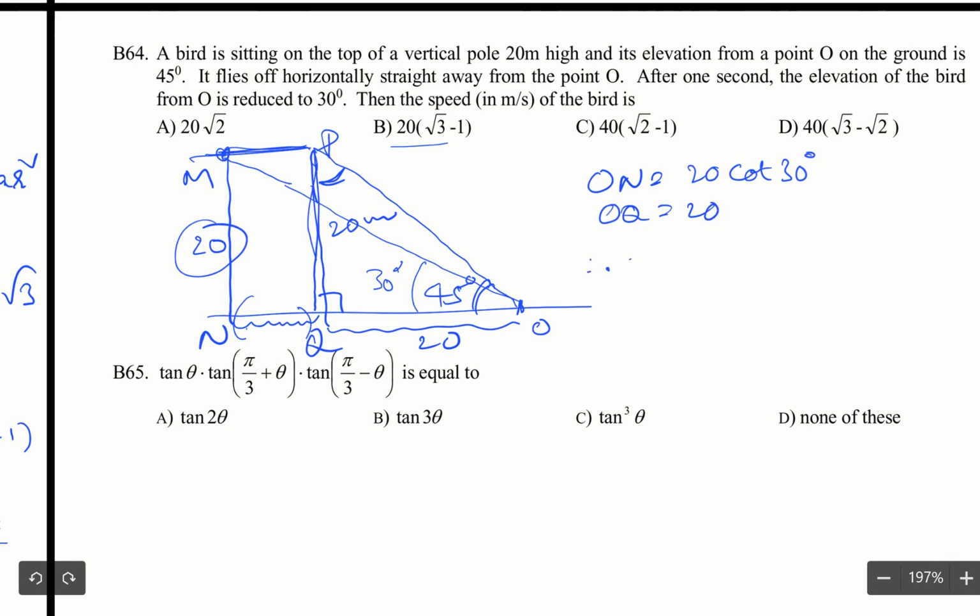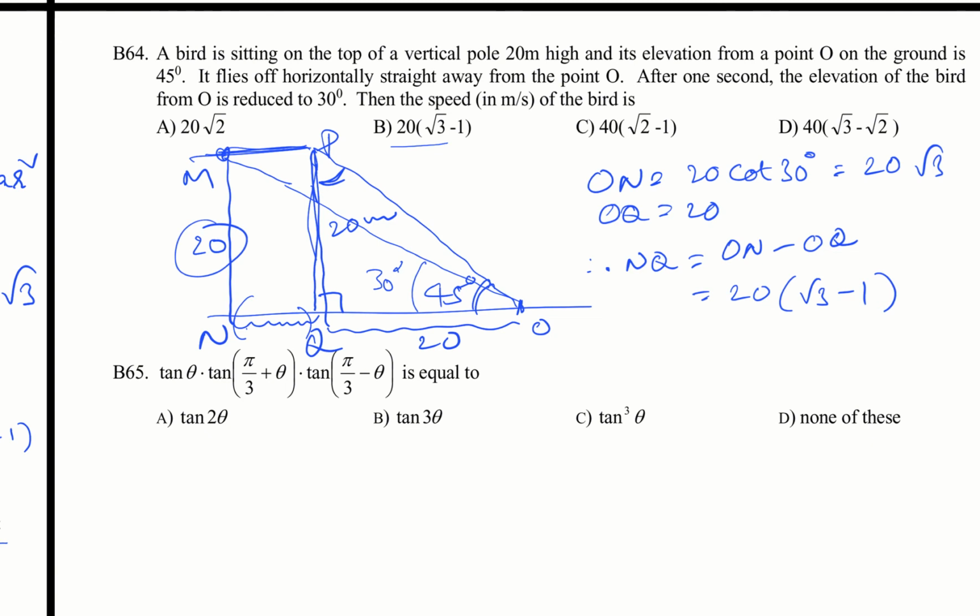What all you need is NQ, which is nothing but ON minus OQ. Cot 30 is root 3, so it is 20 times (root 3 minus 1), you'll get, substituting and simplifying. You have the answer there.